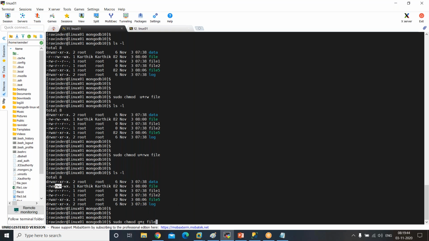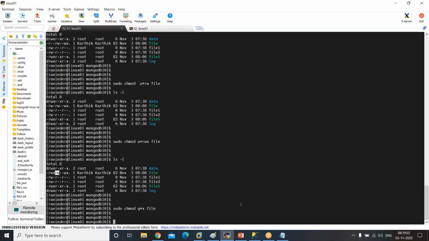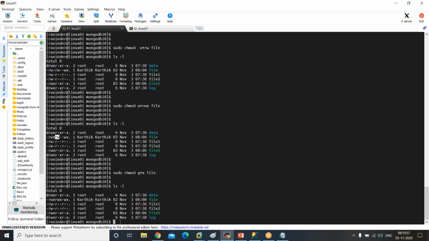Execution is not there. I'm adding that also. chmod g plus x, to the group of this file. Group of this file has read write, and I'm adding the x execution permission also. So now if you see ls -l, execution permission is also added like this.